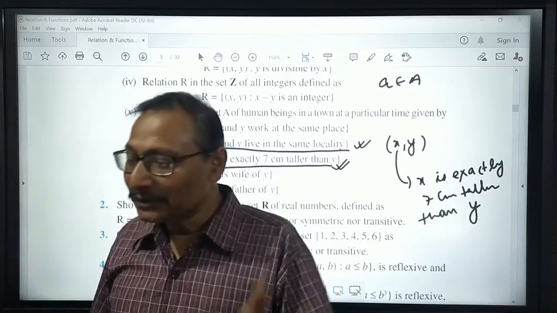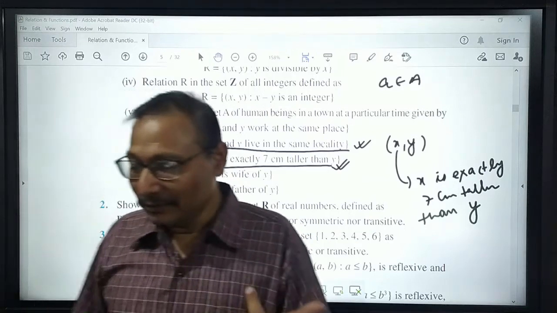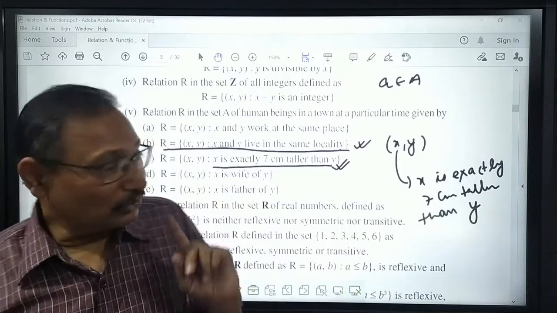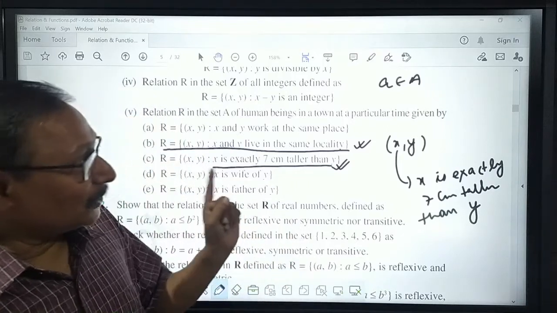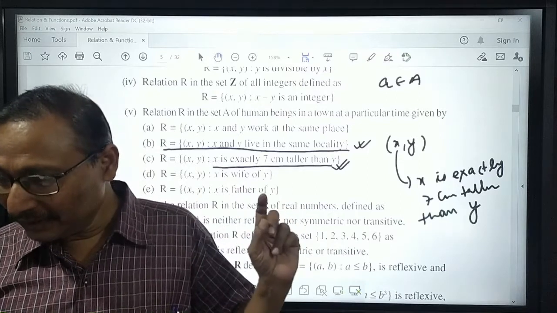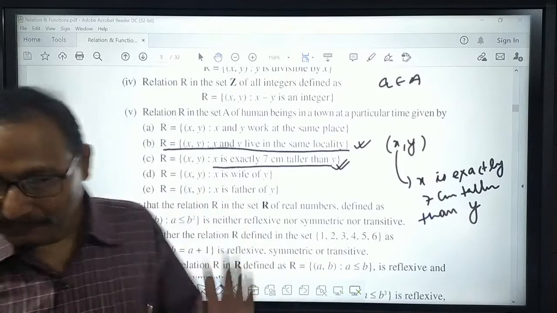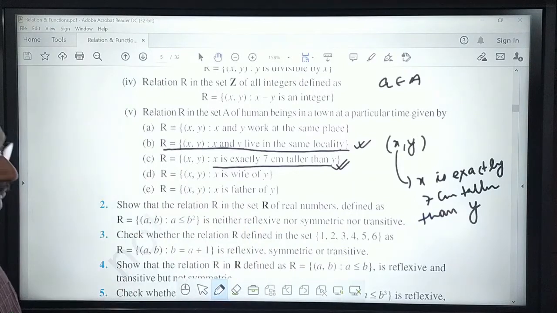One cannot be exactly 7 centimeter taller than himself or herself. So clearly A is not related to A. That means this relation is not reflexive.